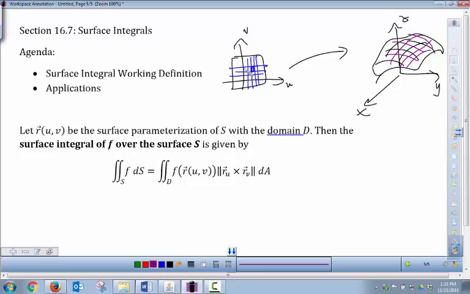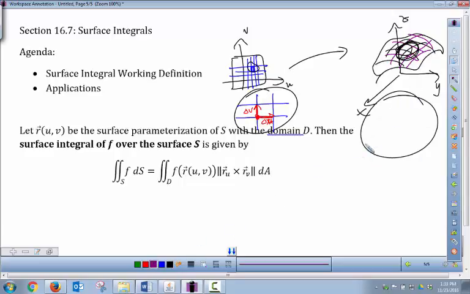And so what we're looking at here, if we blow this up, is a little grid mark where we can identify our change in U and the change in V. And what happens is that gets mapped into a couple of other vectors here.